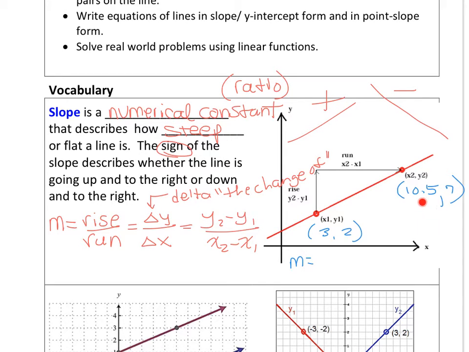So be careful. I almost always want to start writing 10.5. But we're looking at the change of y, so I would say 7 minus 2 over 10.5 minus 3. 7 minus 2 is 5. 10.5 minus 3 would be 7 and 5/10, or 7.5.